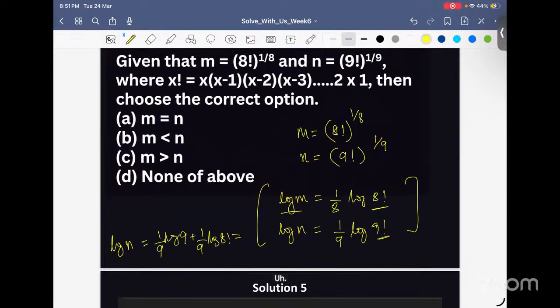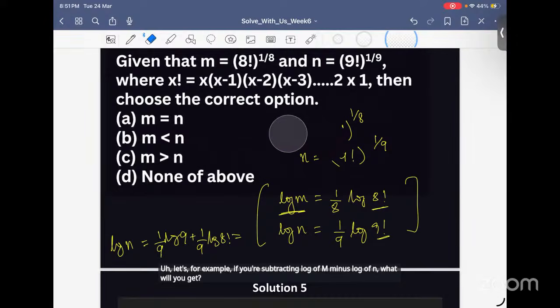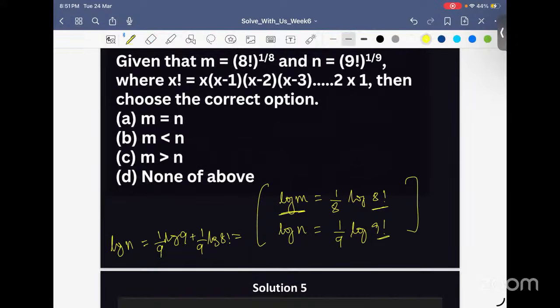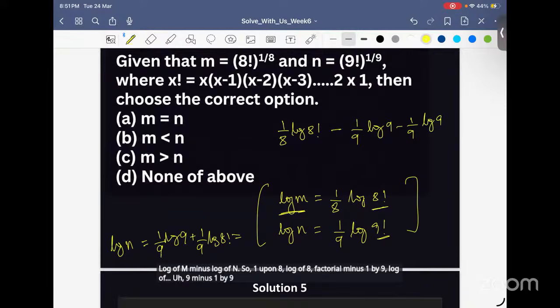Let's, for example, if you are subtracting log of m minus log of n, what will you get? 1 upon 8 log of 8 factorial minus 1 by 9 log of 9 minus 1 by 9 log of 8 factorial.